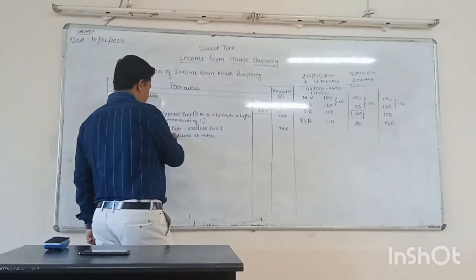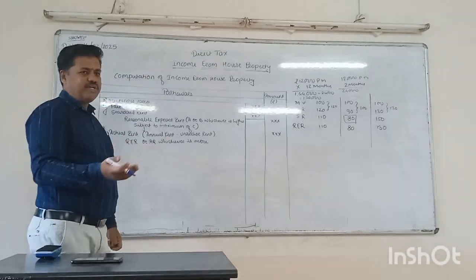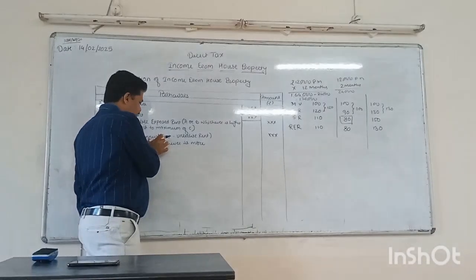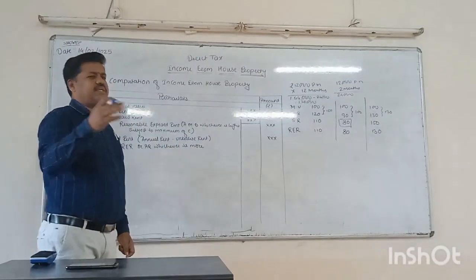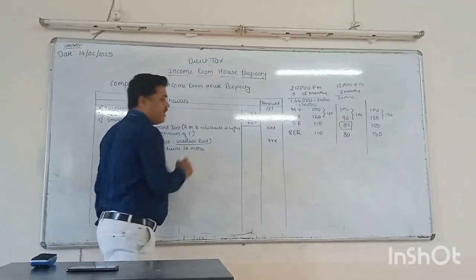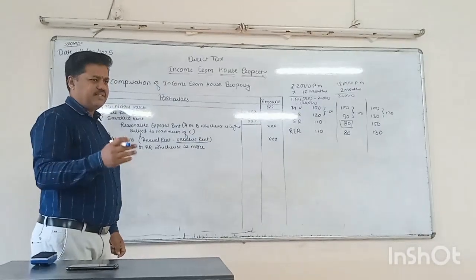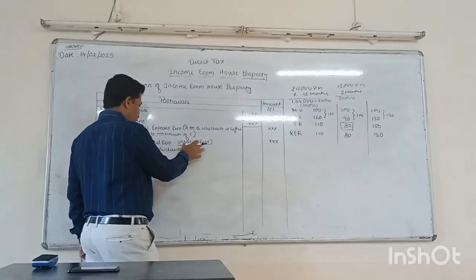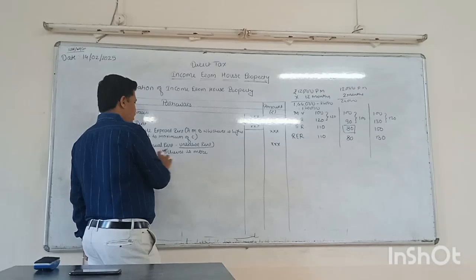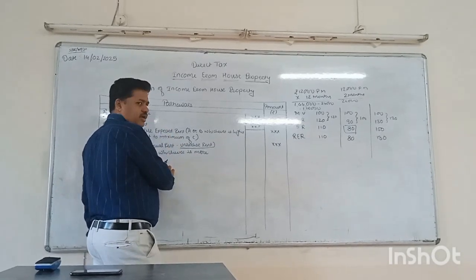Actual rent, how to compute it? Annual rent per month is given. On the basis of that data, we calculate annual rent minus unrealized rent, if there is any. It is not necessary that unrealized rent exists in every case. If there is any unrealized rent, we have to subtract it from annual rent so that we get actual rent. Now, higher of RER or AR.